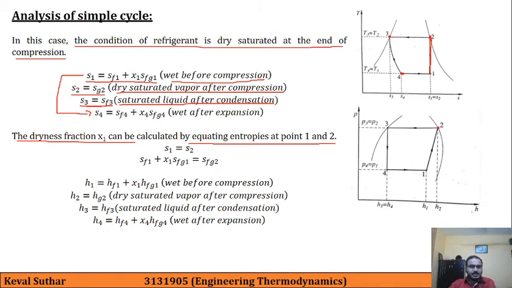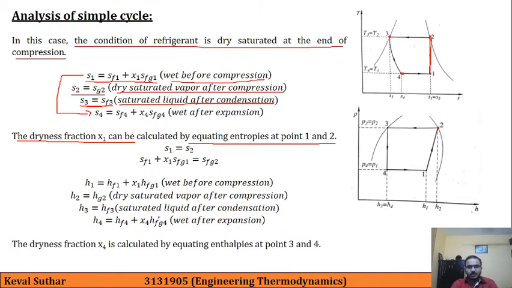We are not discussing them right now, because the symbol for entropy is simply replaced with the symbol for enthalpy. The remaining things are as they are. Now if we need to calculate the dryness fraction X4, that is at point 4, we can equate the enthalpies at point 3 and point 4. That is, here the enthalpy remains constant.